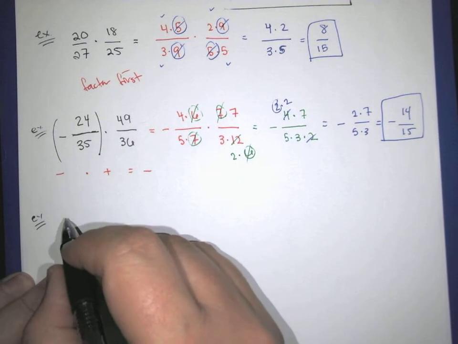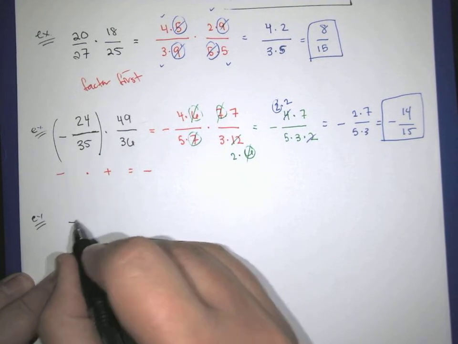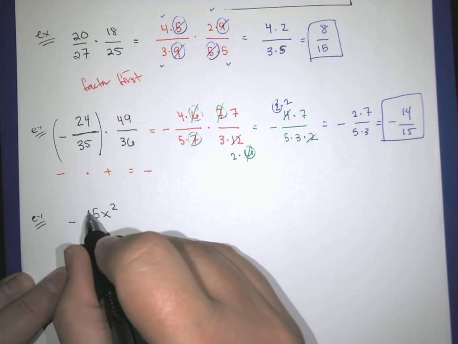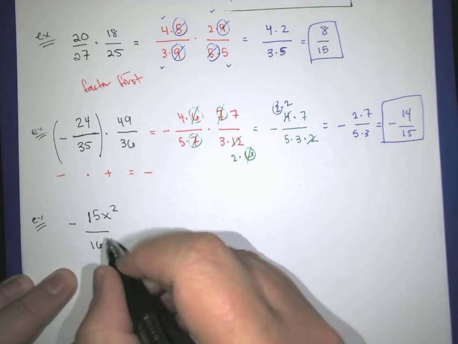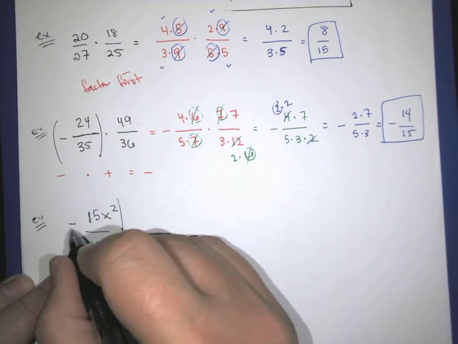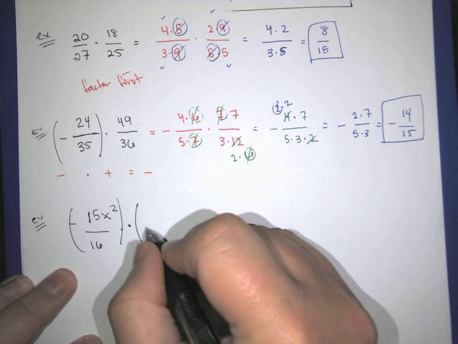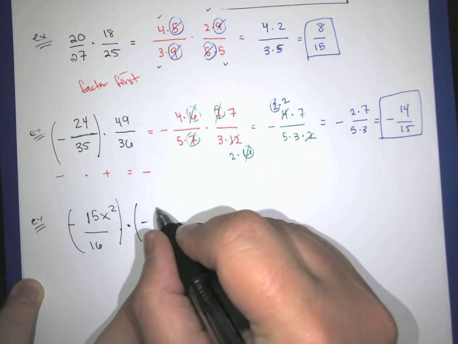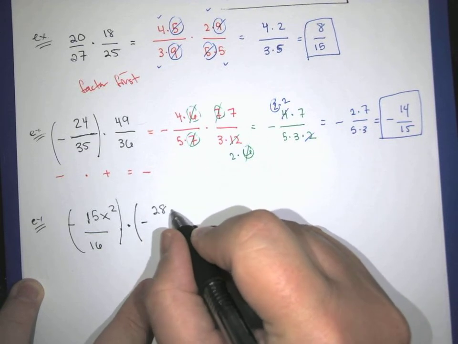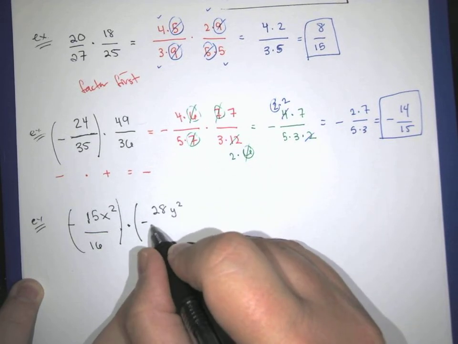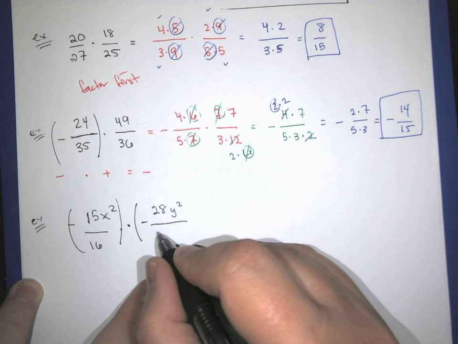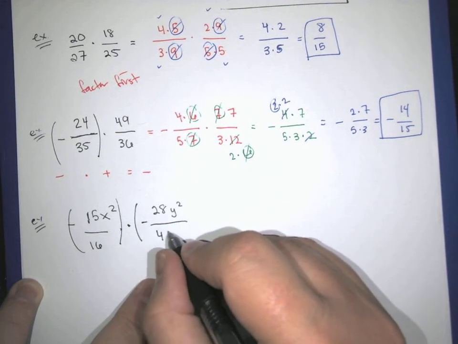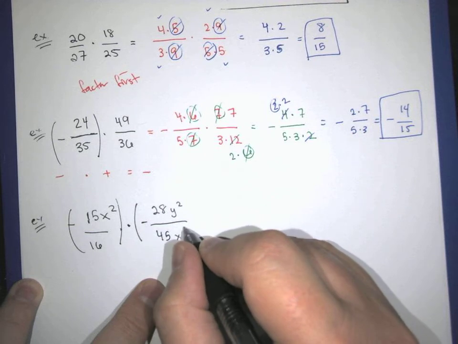Let's do one more of these, and I'm going to mix in a couple of variables here. Let's do negative 15x squared over 16 times, I'll throw some parentheses around this, let's do a double negative, how about 28y squared over, I don't know, 45x cubed.